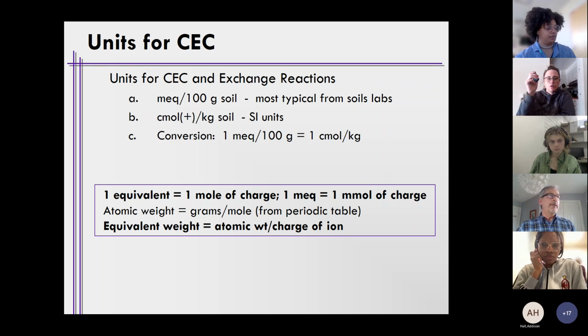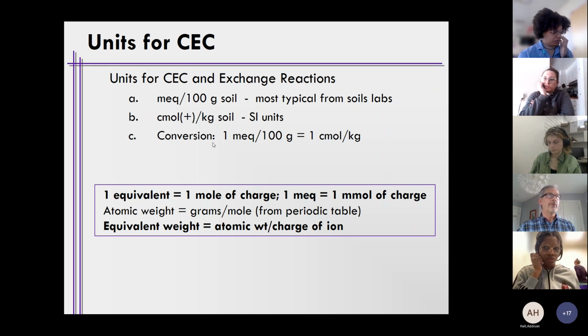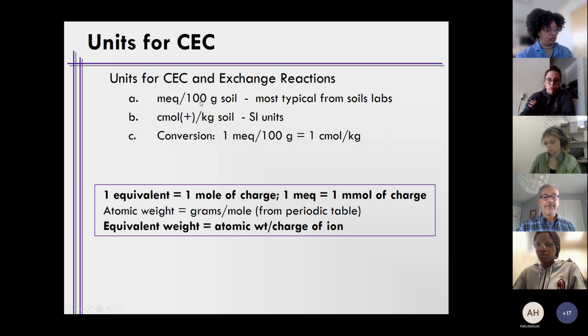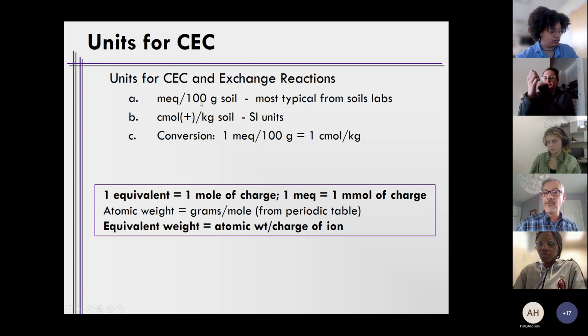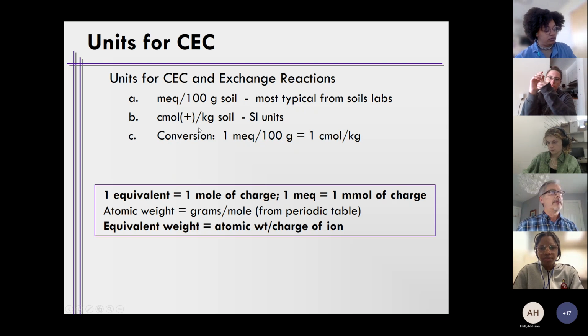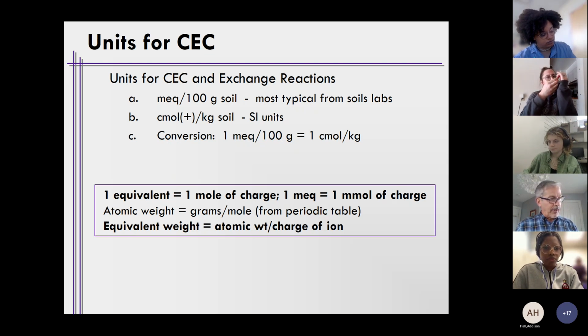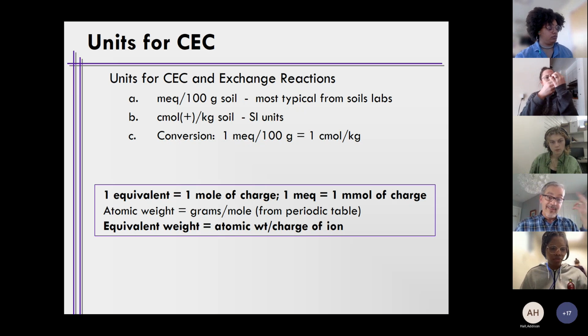The units that most labs typically use are milliequivalents per 100 grams. If you are a geeky scientist like myself, we use the SI units, which is centimoles of charge per kilogram. And I can guarantee you, when we talk about CEC, either today or on Monday, when we finish this unit, I'm likely to say centimoles of charge per kilogram because I think like that.